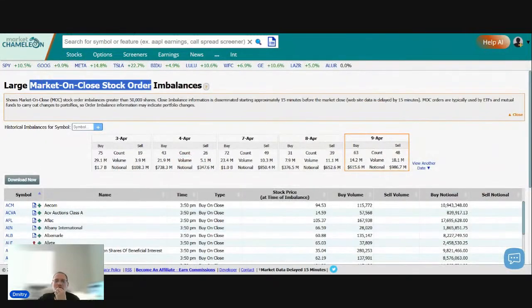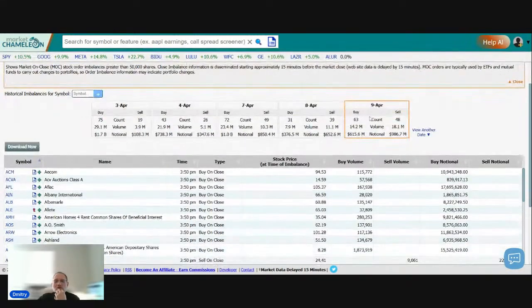So these are large market on close. And we could see here on April 9th, this is yesterday, we had a total of buy order imbalances of 615 million versus sell 986 million. So those are typically coming from an accumulation throughout the day where units need to be created or redeemed.